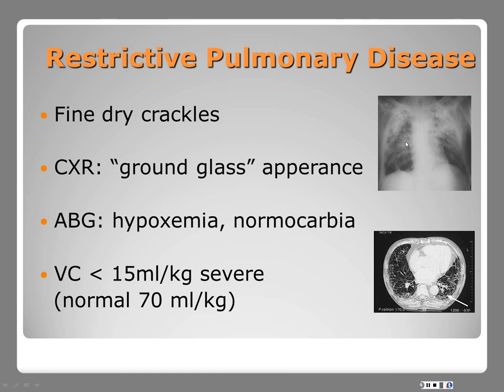On ABG, you can see a hypoxemia if it's come to a later stage, but usually these patients are normocarbic, unlike the obstructors. And the vital capacity is often under 15 milliliters per kilo, and that's pretty severe restrictive disease. Normal vital capacity is 70 ml per kilo. Okay.